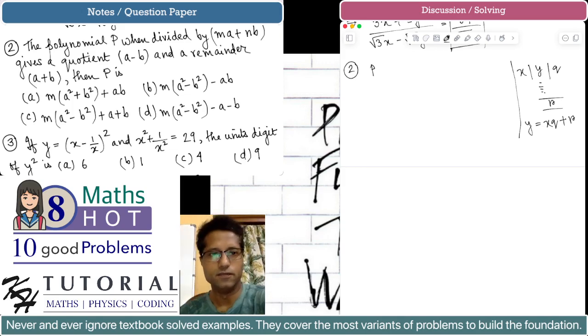So in this case the dividend is the polynomial p, the divisor is ma plus nb, the quotient is a minus b, and the remainder is a plus b.